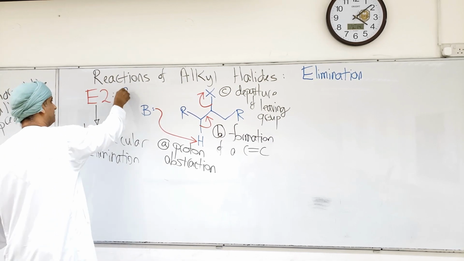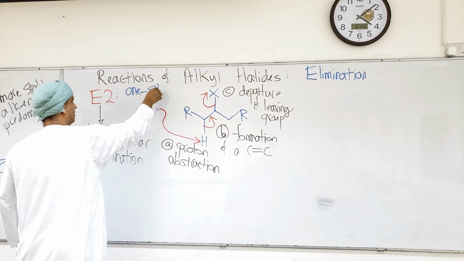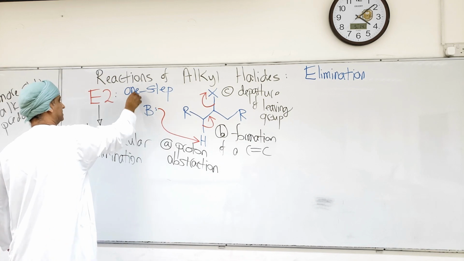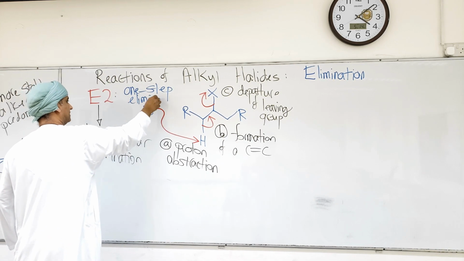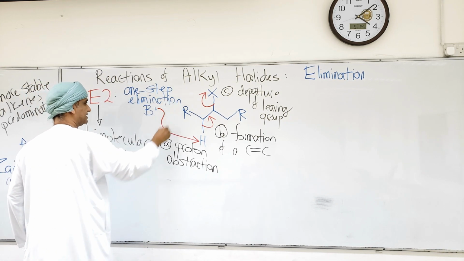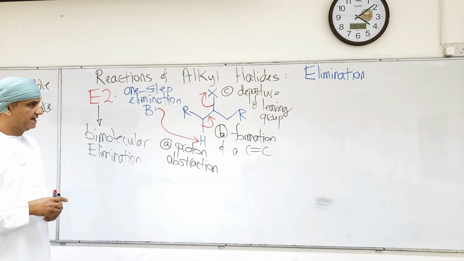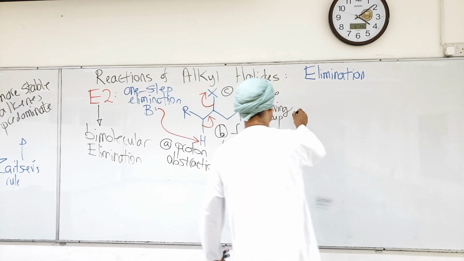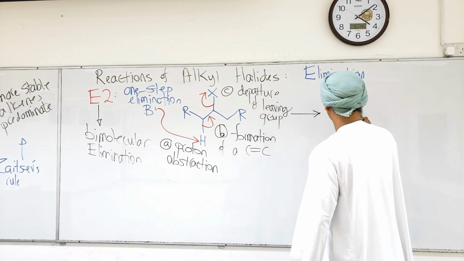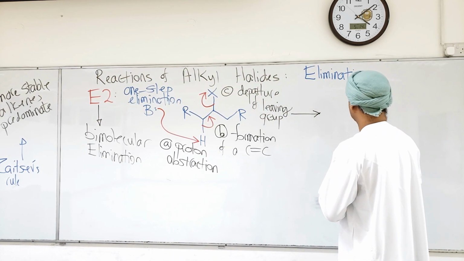This is a one-step elimination where the three events take place at the same time. And when this happens, this alkene is produced.